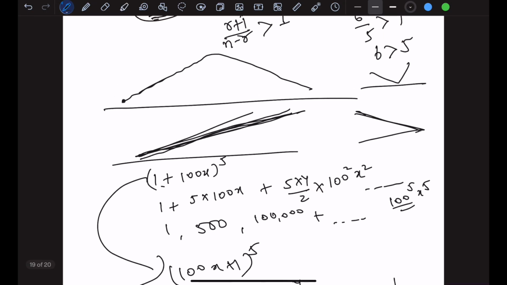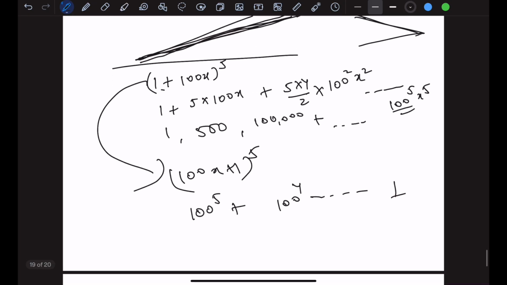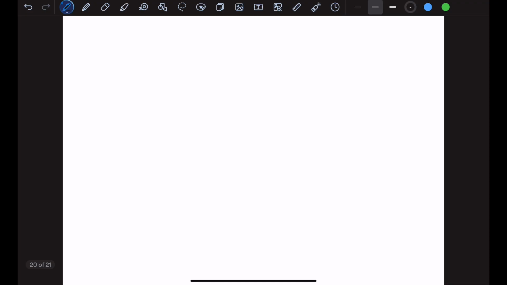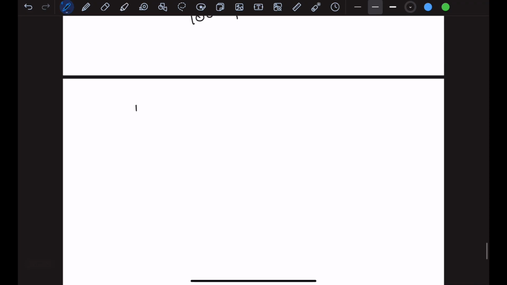Same thing for this. Now we can always replace. We started with 1 plus 100x to the power 5, right?